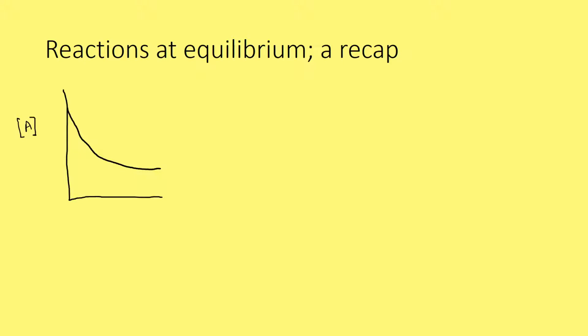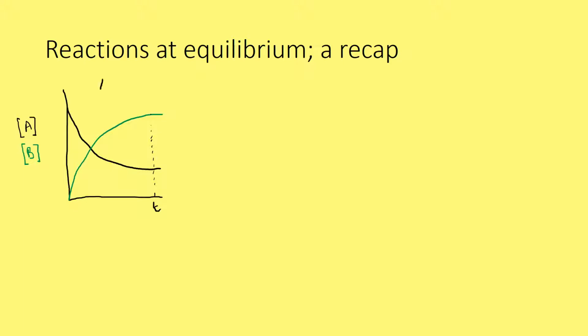We could also consider a product B that could start at 0 and the amount would increase, but at a decreasing rate until it also stops increasing and there's a steady amount at equilibrium. And so at this point in time here, this is where we reached equilibrium because the concentrations of reactants and products have stopped changing.